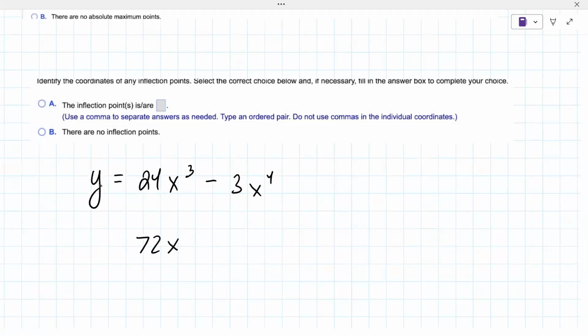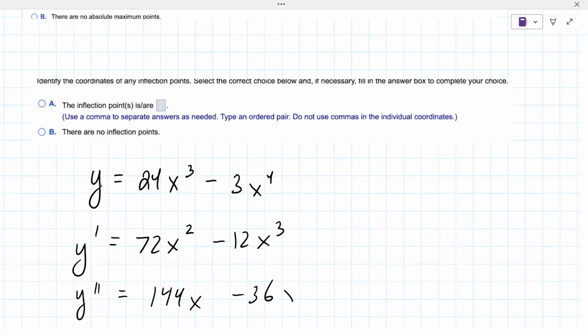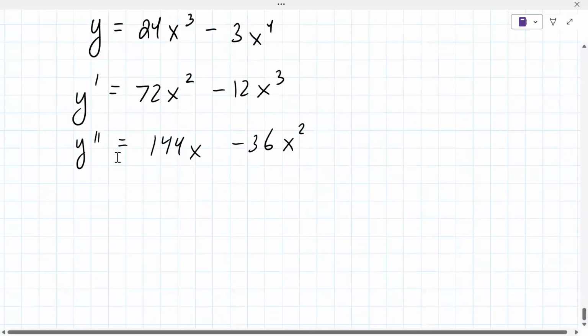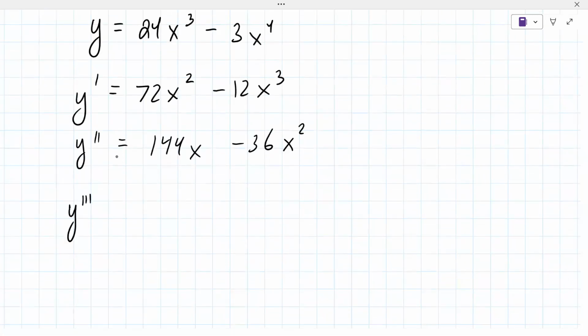So 72x squared minus 12x cubed. And then take another derivative: 144x minus 36x squared. The y triple prime, I'm sorry, we don't need that, that's a different class.